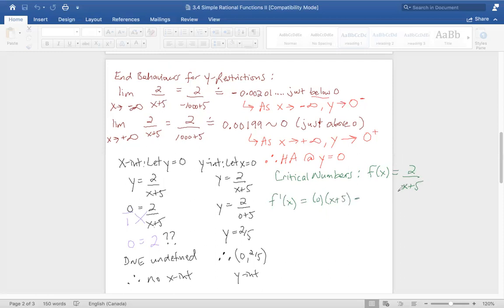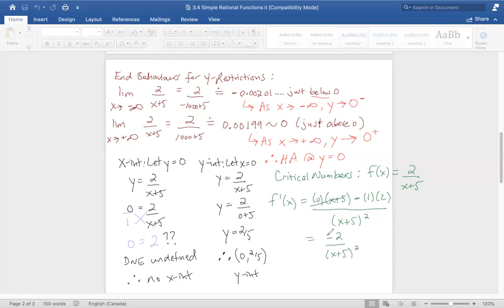Derivative of the bottom, which is just 1, times the top exactly the way it is, all over the bottom squared. So again, 0 times anything just gets rid of it. That's 0. So I'm left with a negative 2 on top, right? Negative 2 over x plus 5 squared.